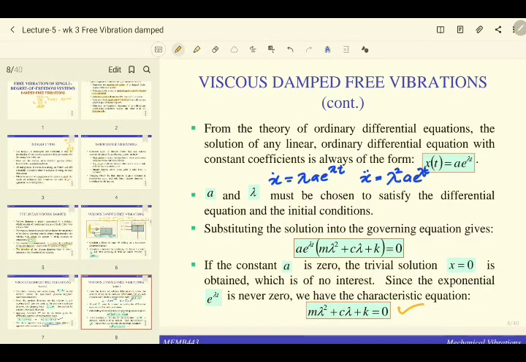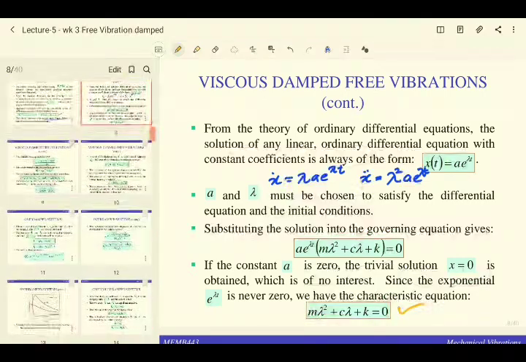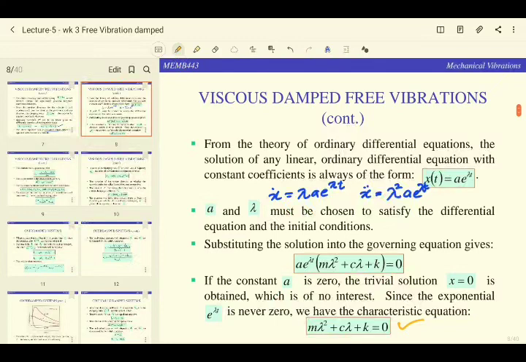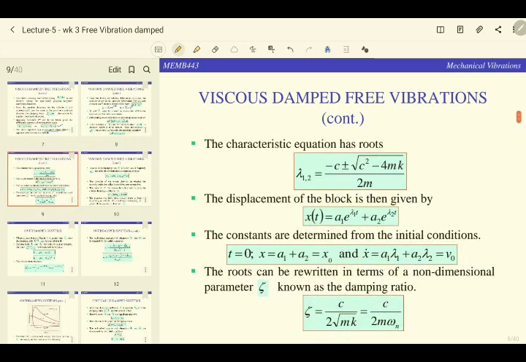If you look at this, this is what we call the characteristic equation. You can solve for the roots, lambda 1 and 2, and substitute into the equation.